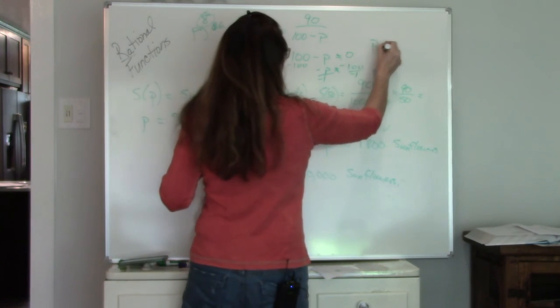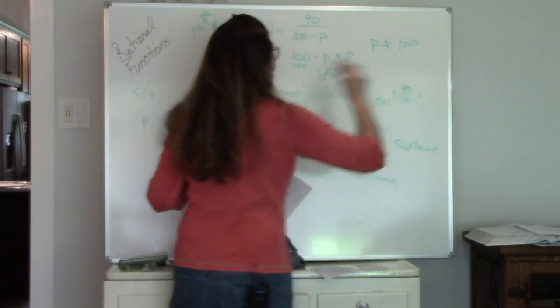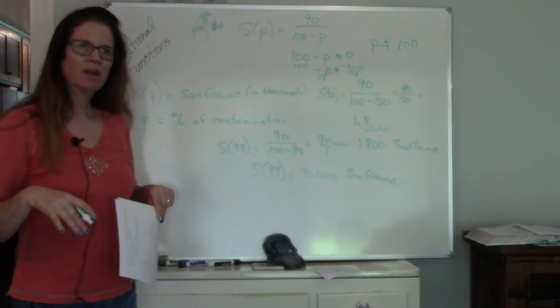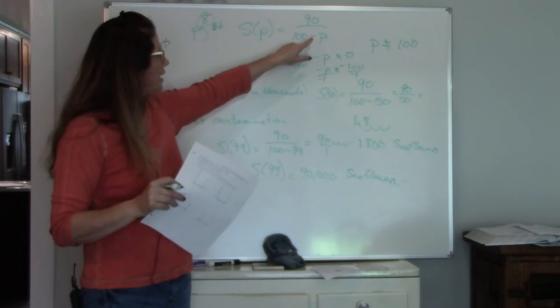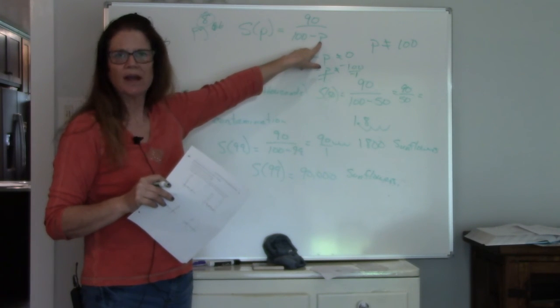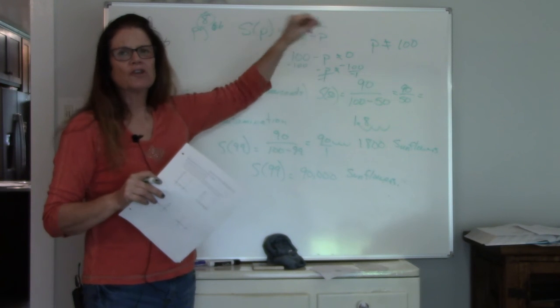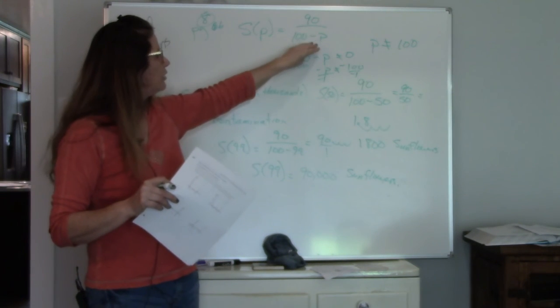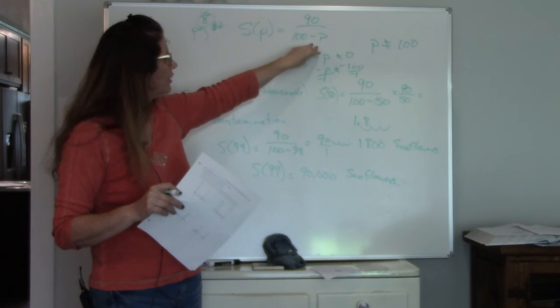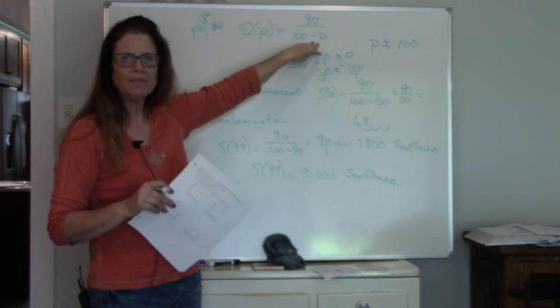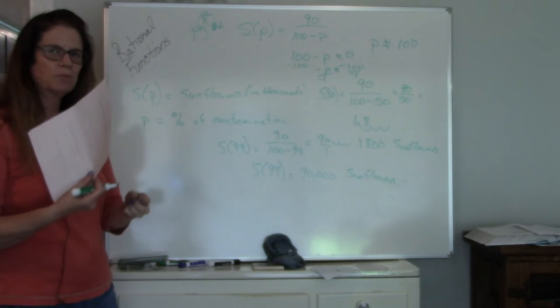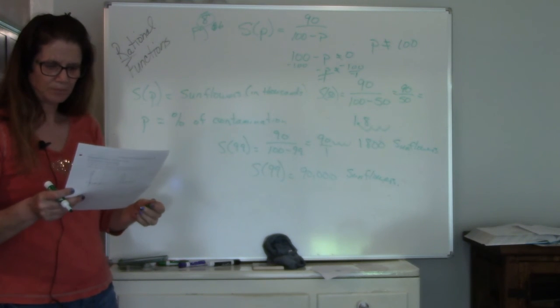So you cannot have 100% of your contaminants removed. 100% would make this a 0, undefined. Won't happen. So that's where you go back to when you have a rational expression or function: what's going to make this denominator 0? So you cannot remove 100% of the contaminants.